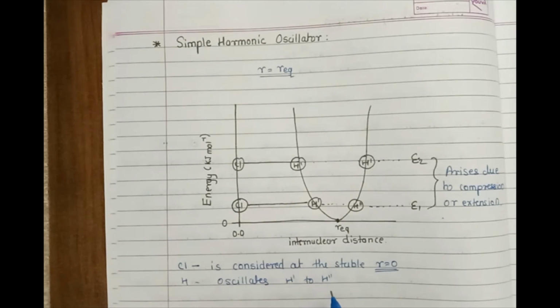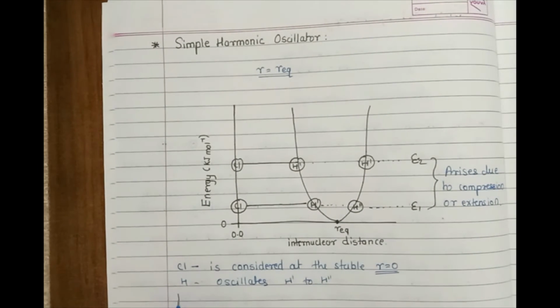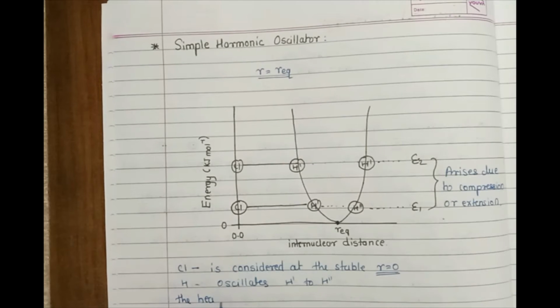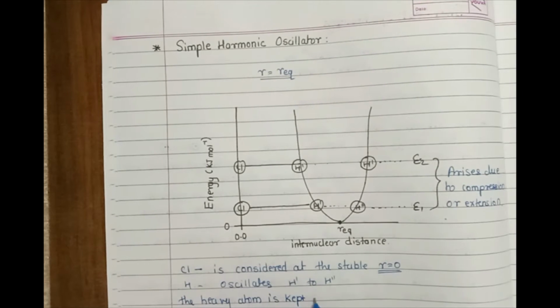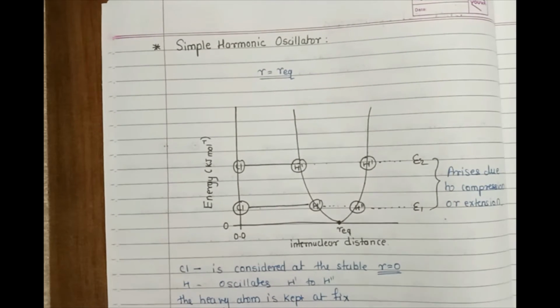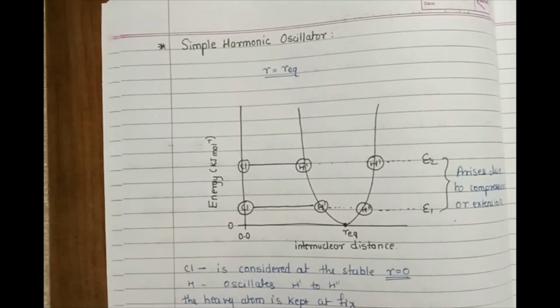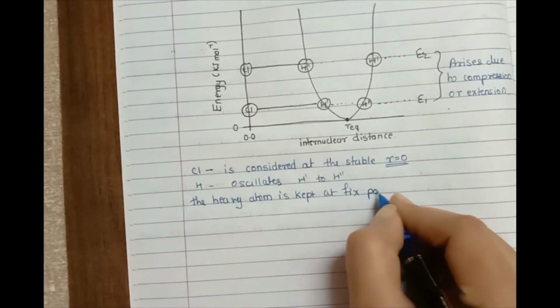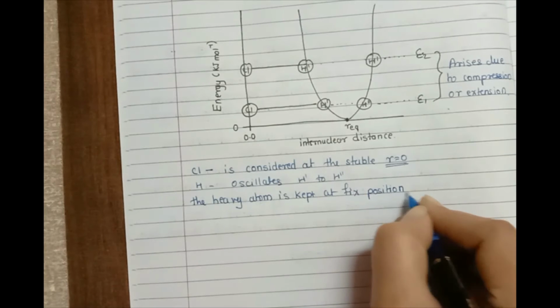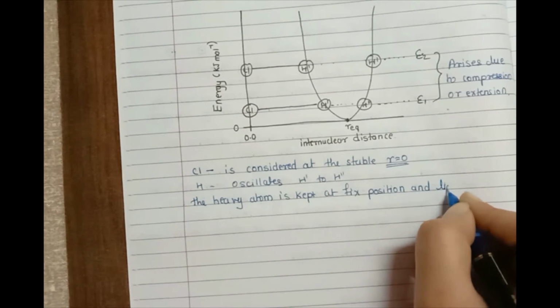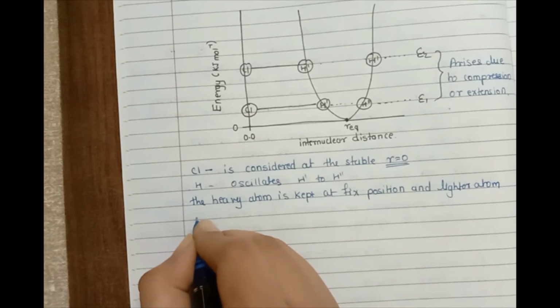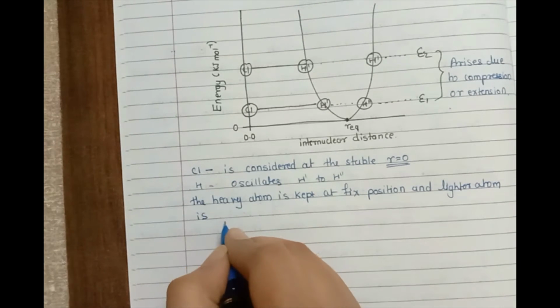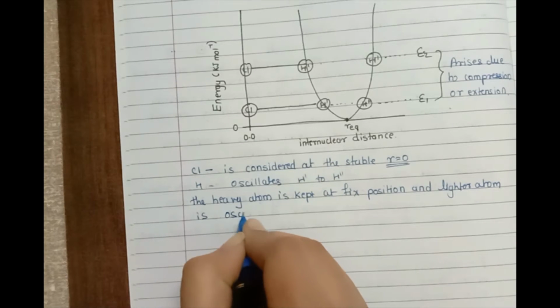So its position varies. That means what? The heavy atom is kept at a fixed position and the lighter atom is oscillating.